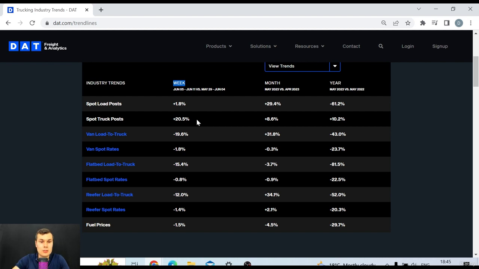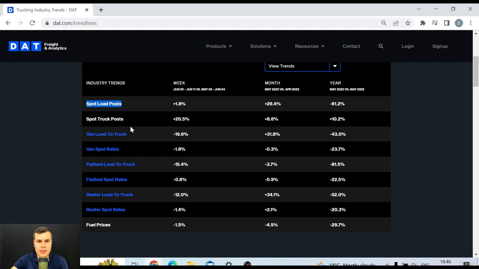So let's say you're always running the same lane, and your driver usually runs it for $1,000, but then you see a very big spike in the number of load posts and a very big spike in load to truck ratio. This could mean for you that for the next week you can try and negotiate a higher rate with the brokers for the same lane.